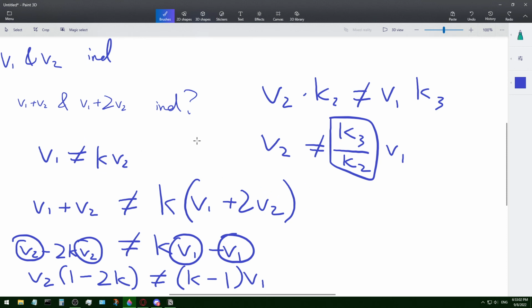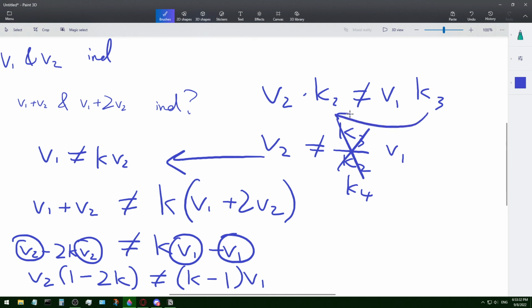But the fortunate thing is that k3 and k2 are both constants, meaning that this is really just a fourth constant, k4. And now we do have basically the same equation, except we have the k4 on the v1 instead of the v2, but it's the same deal. You could have done it the other way around, but the result is the same.